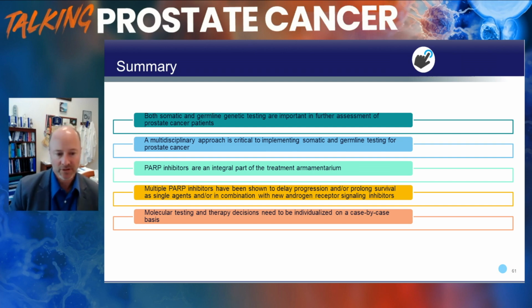That PARP inhibitors are an integral part of the treatment armamentarium, that many PARP inhibitors are now available, both as monotherapies and as combinations, making that individualized treatment decision with your patient on which AR inhibitor is right for them based on drug interactions, toxicities, which PARP inhibitor is right for them, again based on the individual gene analyses, their comorbidities, their preferences, costs, and drug interactions, really part of the complex decision-making that we have to face.